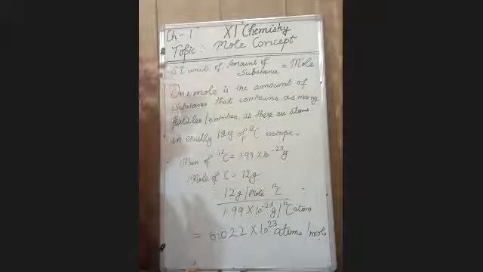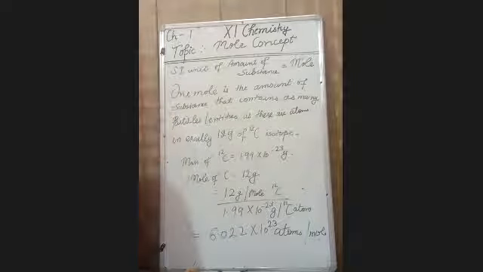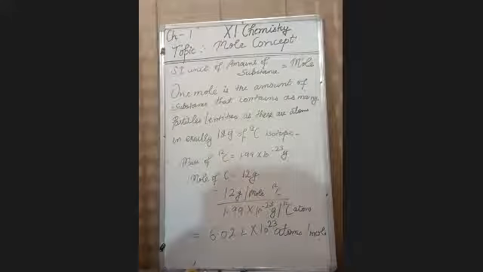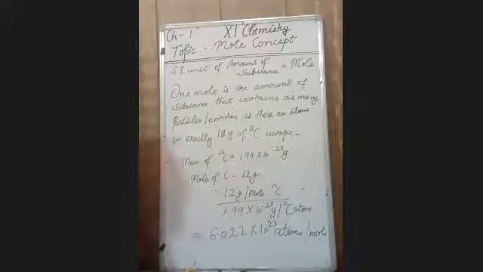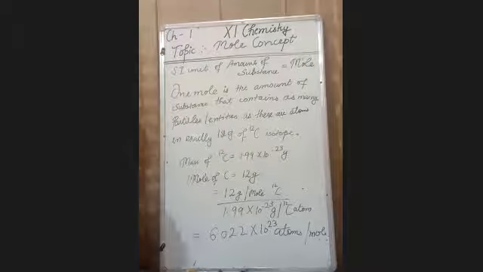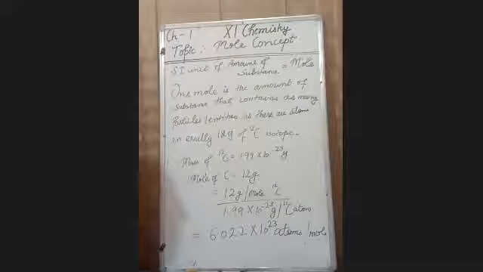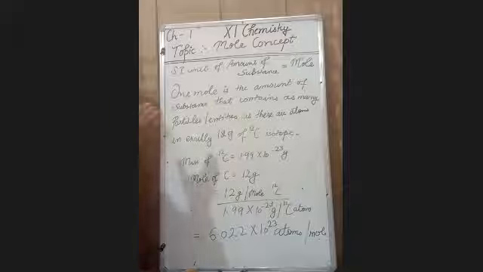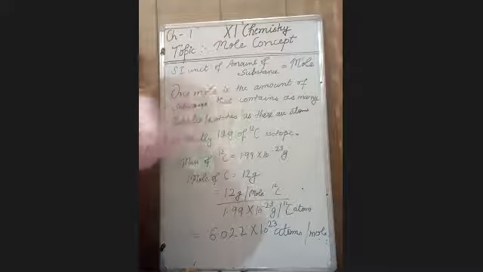So, what is 1 mole? It is the amount of substance that contains particles equal to the particles present in exactly 12 gram of carbon-12 isotope. Now, how many entities are present in this 1 mole?